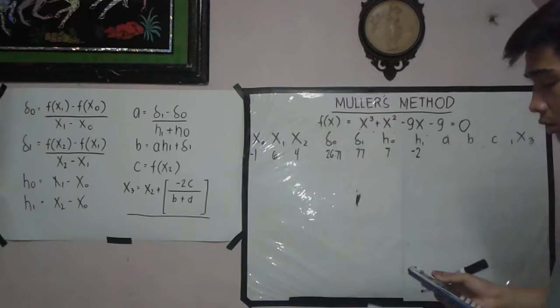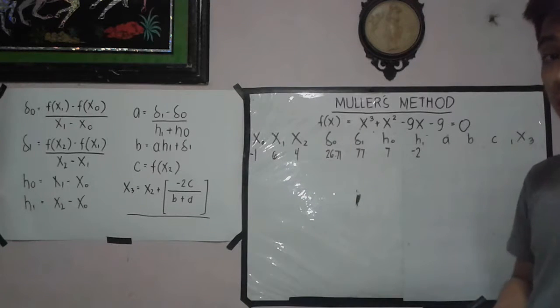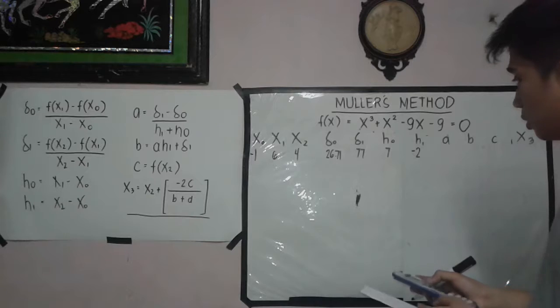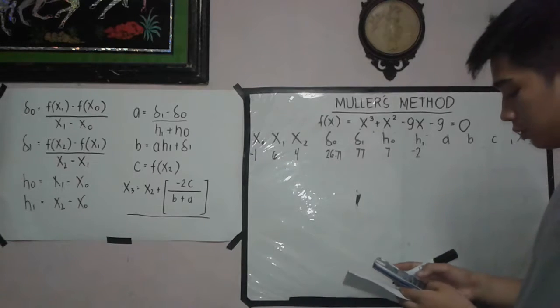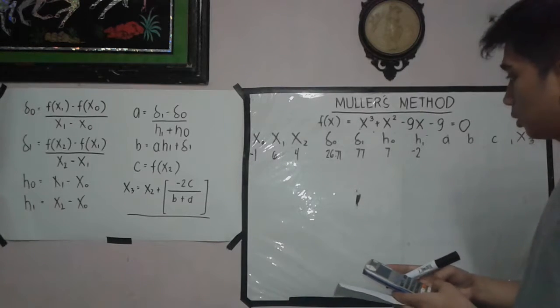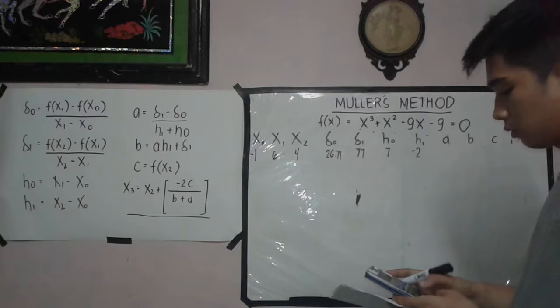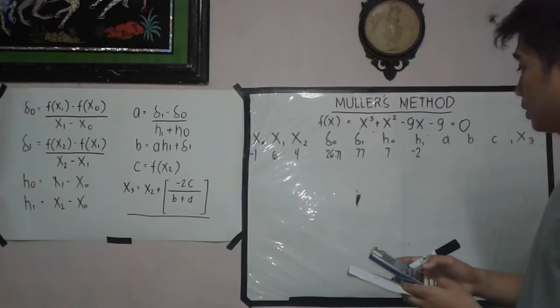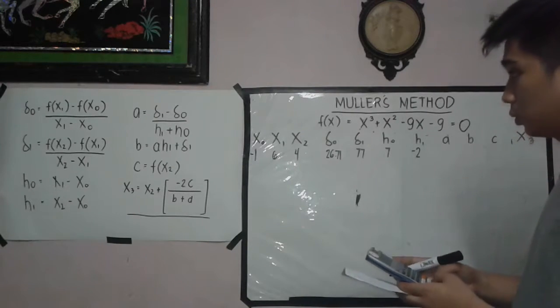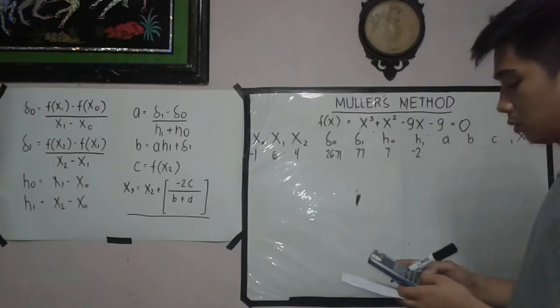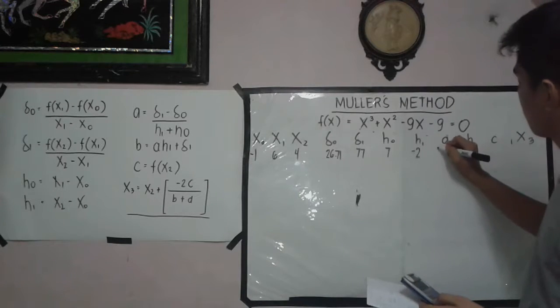For a, using the equation delta 1 minus delta 0 over h1 plus h0, we have the value of 77 minus 26.71 over negative 2 plus 7 equals 10.05.